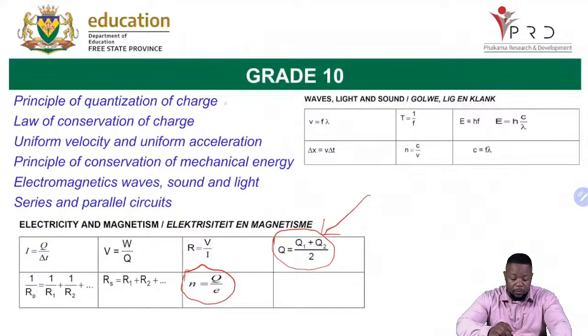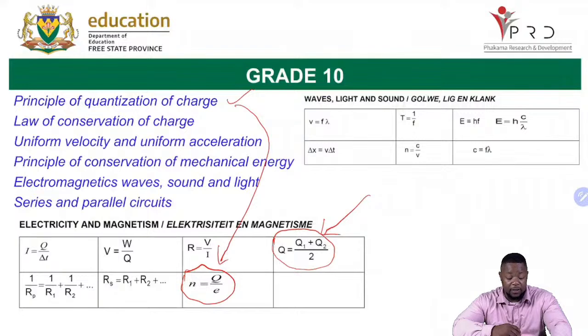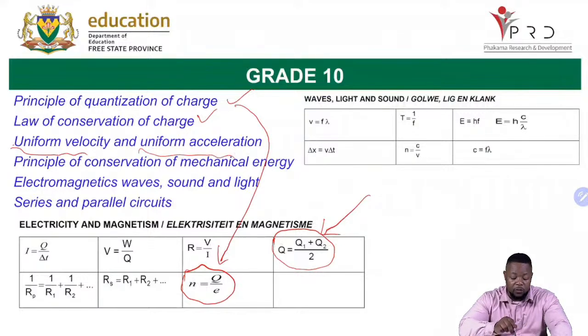Now, we have talked about the principle of quantization of charge. We have seen that it relates to the formula as indicated. The law of conservation of charge, we have indicated that you need to revise that. The keywords uniform velocity, uniform acceleration are very important. The principle of conservation of mechanical energy, we have indicated that.